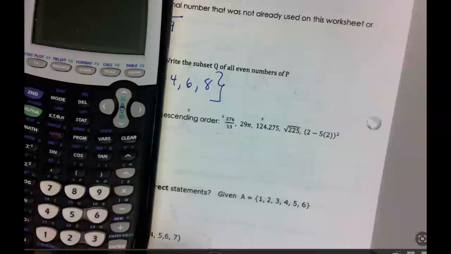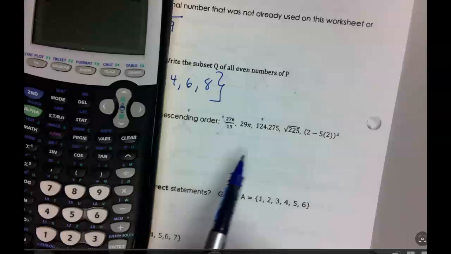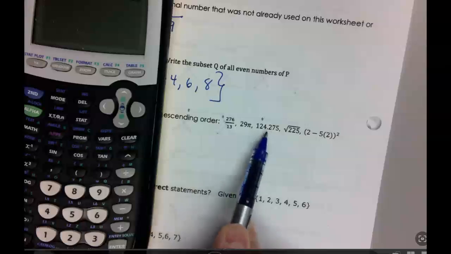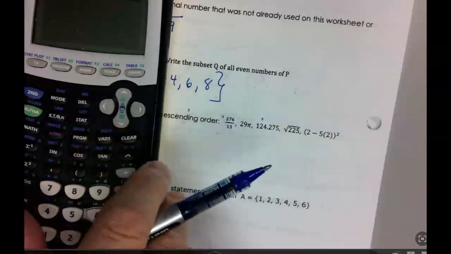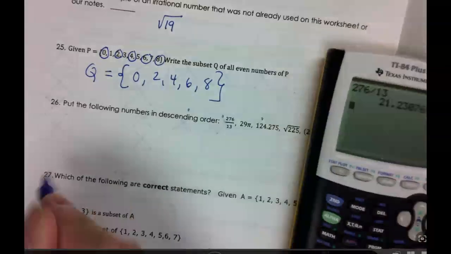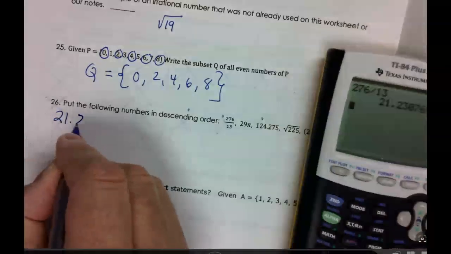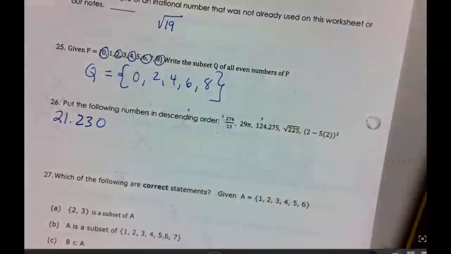And I'm going to round it to 3 places to the right of the decimal. Does anybody know why I'm going to round it to 3 places? Because that one there is at 3 places. Does that make sense? So I'm going to round this first one to 21.231 or 21.230. We'll just say that was the first one.